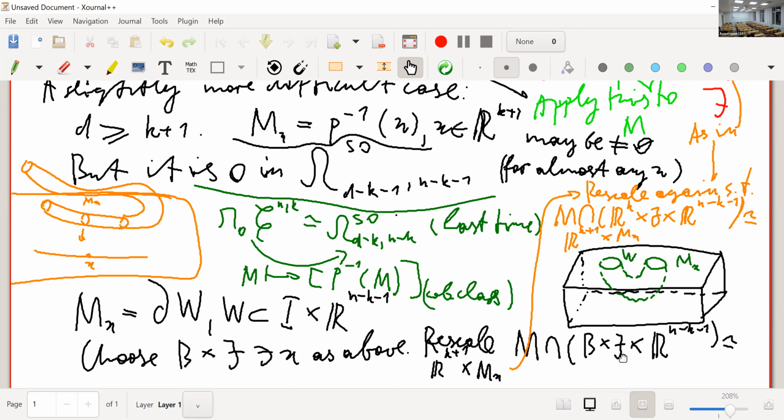We have W and the boundary of W is M. I want to use this W to kill this component.